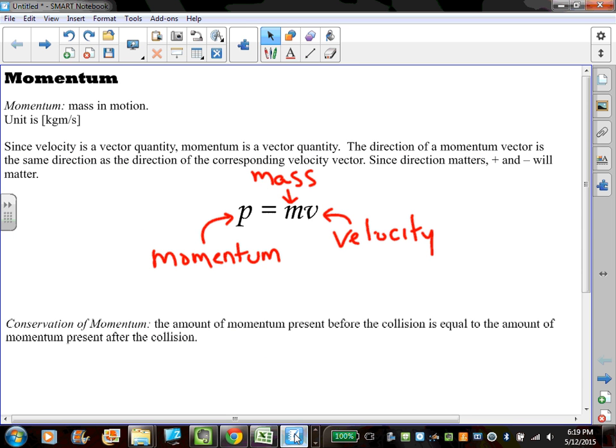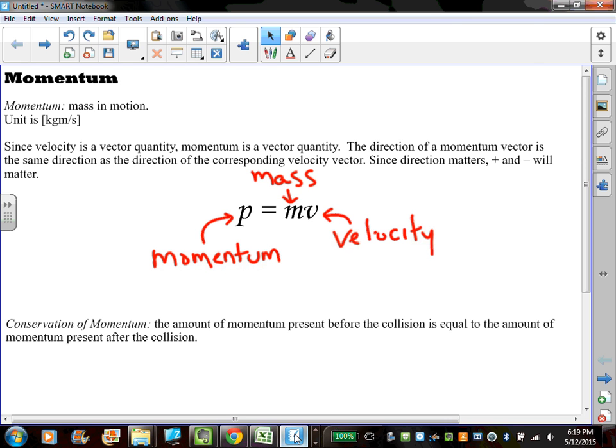All right, so let's talk about that conservation of momentum. We've talked about other conservation principles before, so this one is not going to be wildly different. Conservation of momentum just means that the amount of momentum present before the collision is going to be equal to the amount of momentum present after the collision.